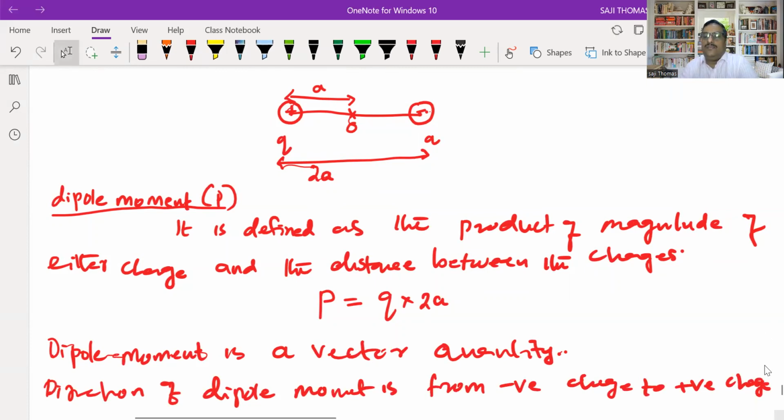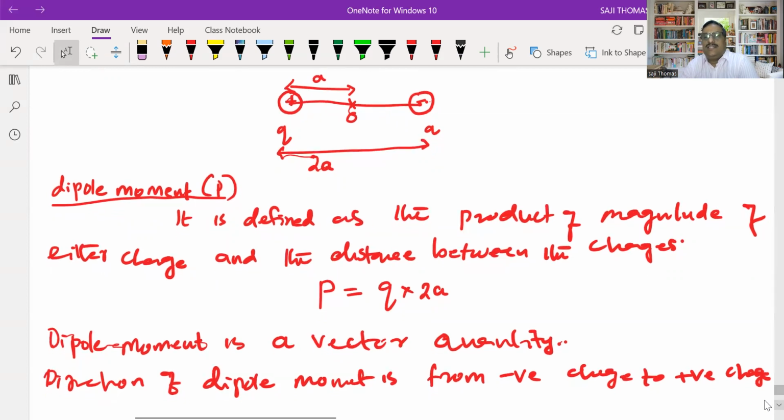So, dear students, what we learned so far: we learned what an electric dipole is. An electric dipole is a system of two equal and opposite charges separated by a small distance. Now we learned another quantity, dipole moment.